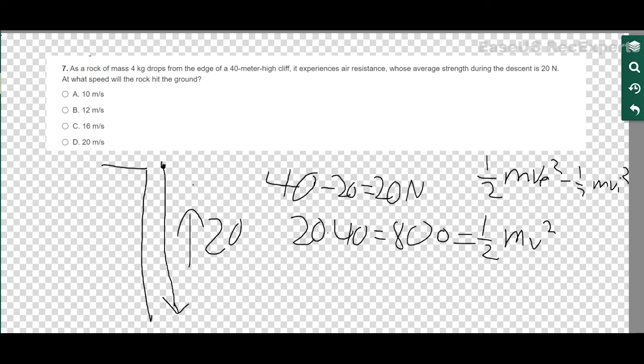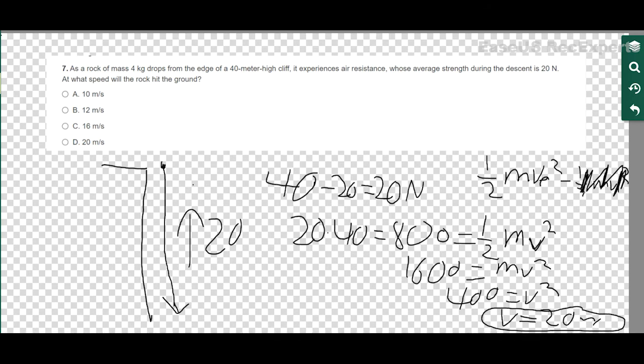But because v initial is equal to 0, you can cancel that out. So you can just put 1/2 mv squared here. Now that makes 1600 equal to mv squared. Then you can cancel out 4 from both sides to get 400 is equal to v squared. So your v would be equal to 20 meters per second, which corresponds to D.